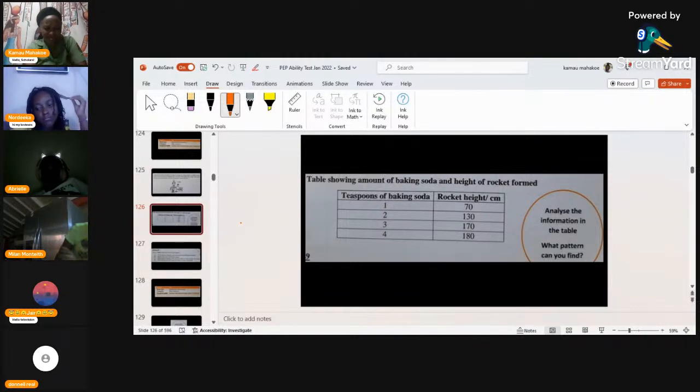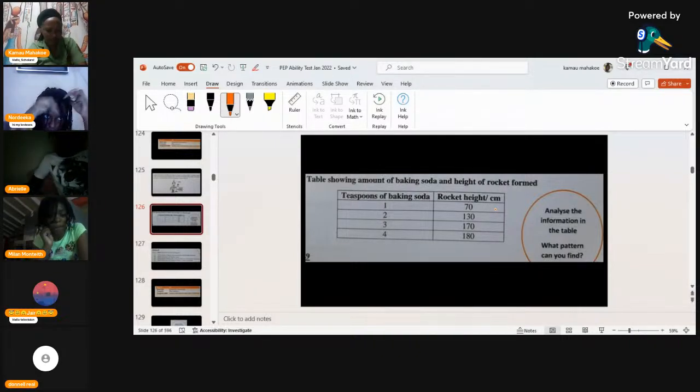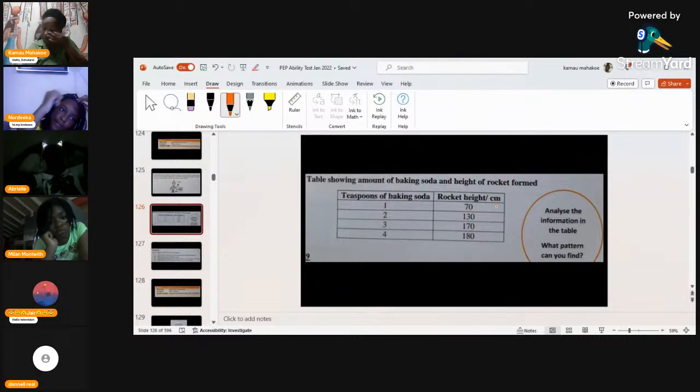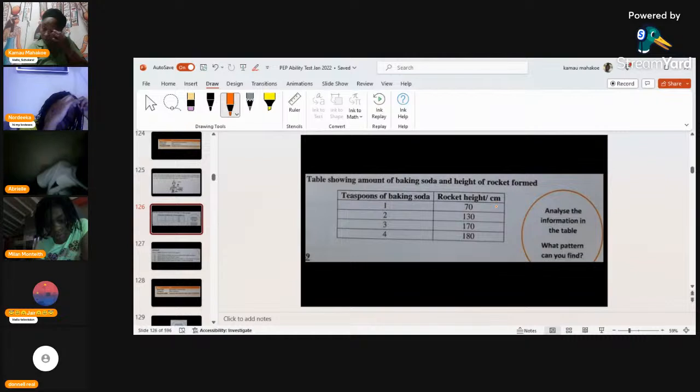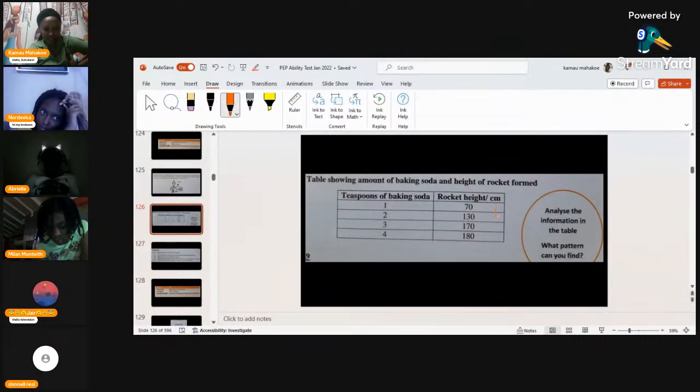From 70 to 130, how much is that added? From 70 to 130, what was added in height? 70 plus what gives 130? 60, right?